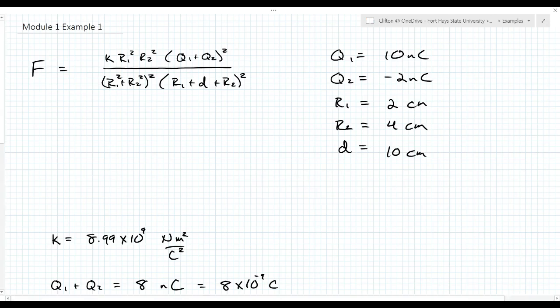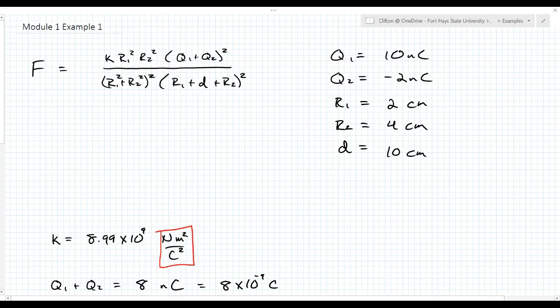So for example, I have Q1 as 10 nanocoulombs. So we would convert that to coulombs before we tried to do any numerical calculations. Same thing with Q2. And then I have all of these lengths in centimeters. We would want to convert those to meters before we did any numerical calculations. The reason is that Coulomb's constant has a numerical value of 8.99 times 10 to the 9, but that's assuming that we're in the base SI units, right?